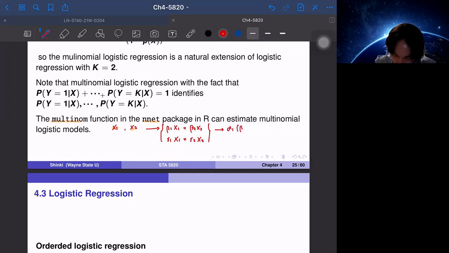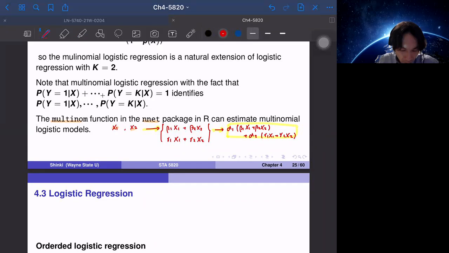Delta 1 times (beta 1 x1 plus beta 2 x2) plus delta 2 times (gamma 1 x1 plus gamma 2 x2). It looks complicated, but this is still a linear combination of x1 and x2. So even with 2 steps, it does not become more complicated than 1 step. This is a good property of linear combinations, but for representing complicated structure, it's not good.